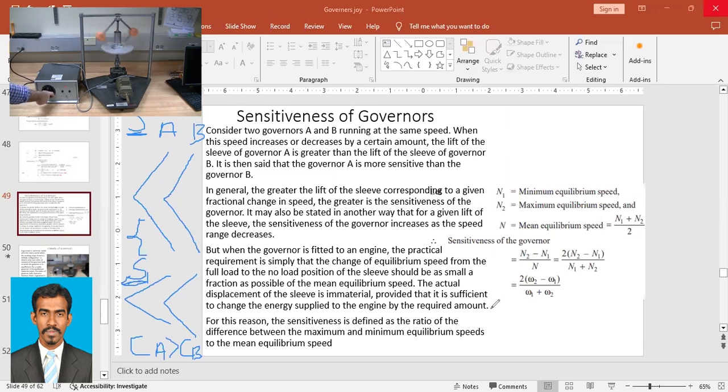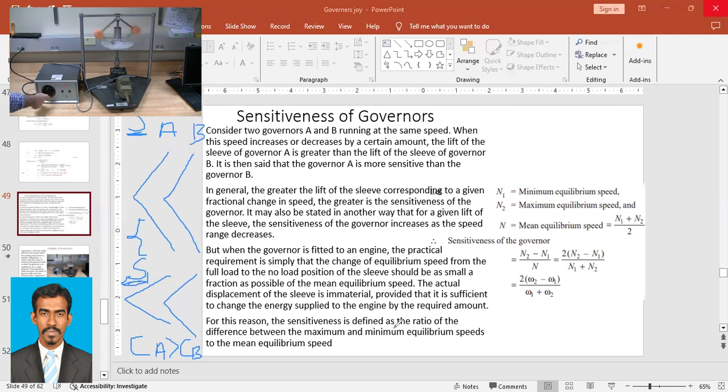So it should be capable enough to increase the speed. The actual displacement of the sleeve is immaterial, provided that it is sufficient to change the energy supplied to the engine by the required amount. Practically, it's enough if it can change the energy or working fluid supply.